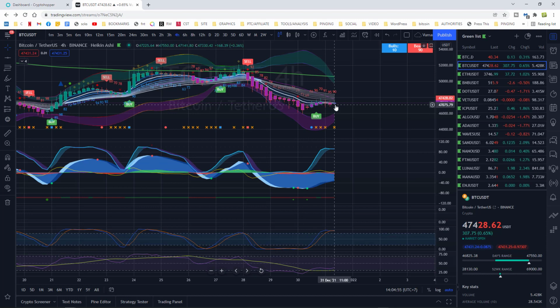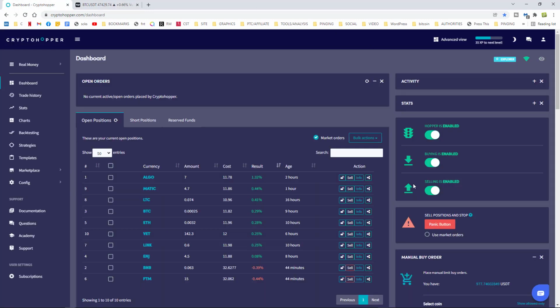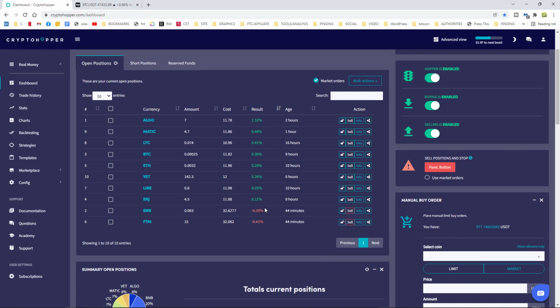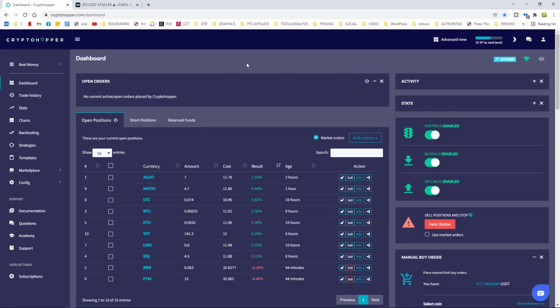Now look, on the 4 hour, it looks quite safe, and it might be quite safe for the next few candles, which are all 4 hours each. Okay, so I'm going to set up my paper trading bot just like this one, where it's buying small amounts and it's doing it using the 5-minute candlesticks.